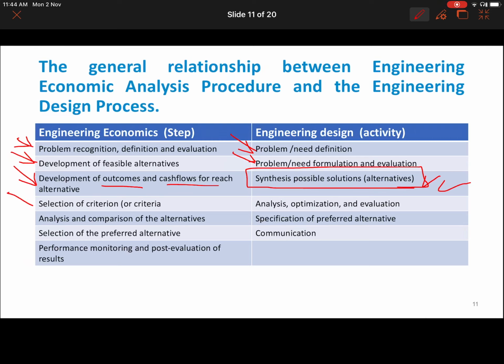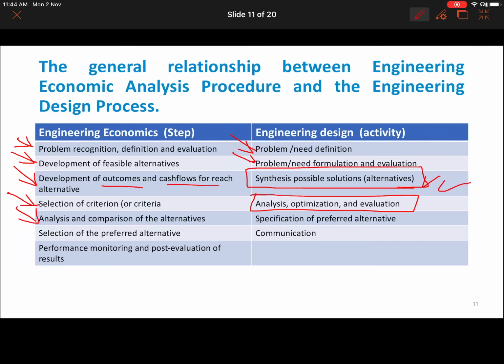In the next point in engineering economic procedures, we select the criteria, I mean the criteria of comparison. We need to select a certain criteria. It's almost the same in design, not exactly, but at least we do the analysis based on the design we decided to start our work.